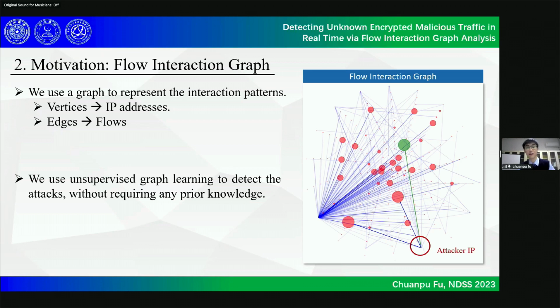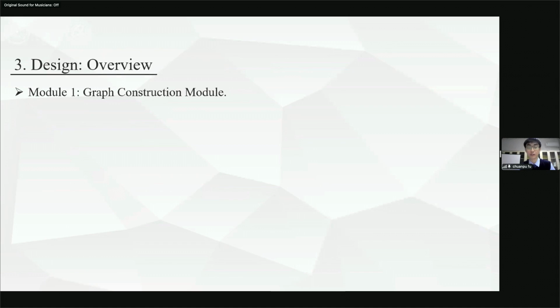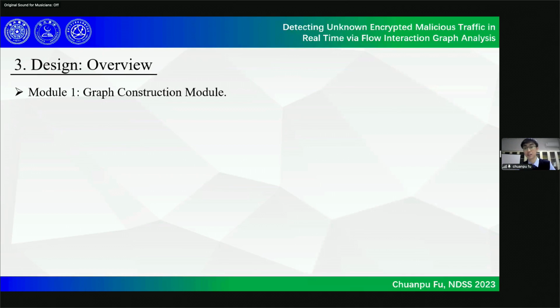We apply unsupervised graph learning to detect various attacks, and especially encrypted malicious traffic. Our method does not require any prior knowledge, for example, labeled training sets for unknown attack detection. Okay, moving on, I will present the high-level architecture of our solution.